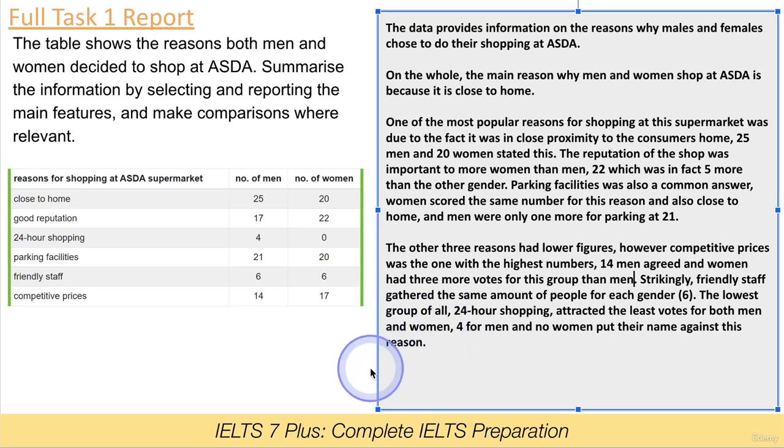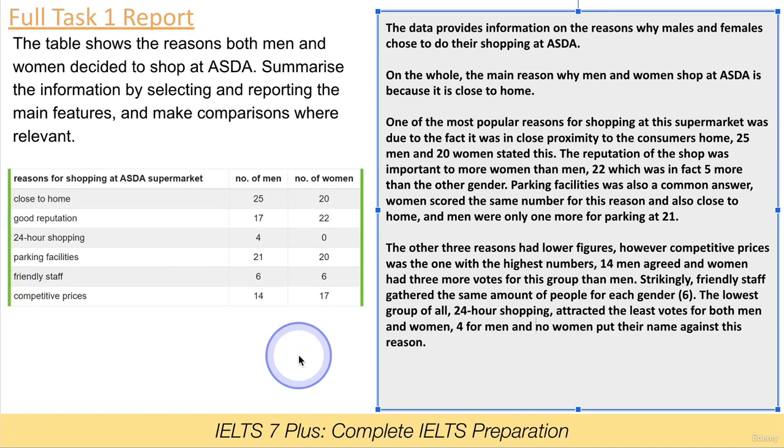I could say 17. Strikingly, friendly staff gathered the same amount of people for each gender, 6. The lowest group of all, 24-hour shopping attracted the least votes for both men and women, 4 for men and no women put their name against this reason.